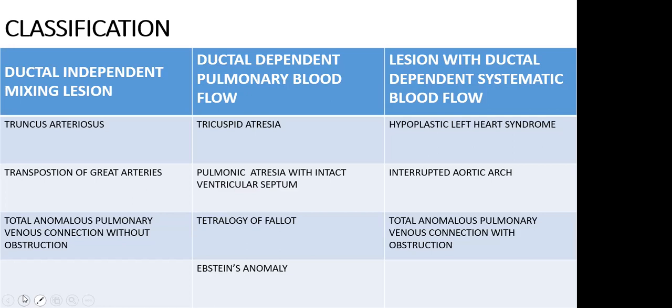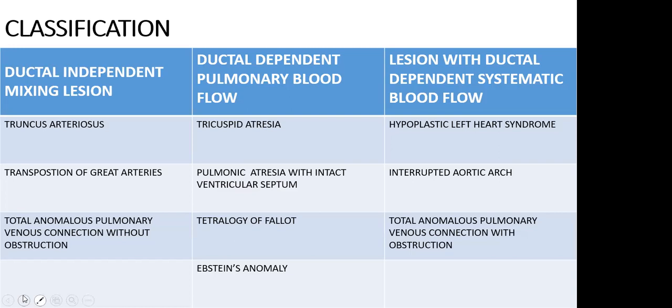Then the lesion with ductal dependent systemic blood flow is dependent on the patent ductus. At birth, there's supposed to be a disconnection between the pulmonary artery and the aorta. But because it is patent, there's now a mixture of blood from the pulmonary artery, which is deoxygenated, getting into the aorta, and reduced oxygen concentration of blood getting into the systemic circulation.